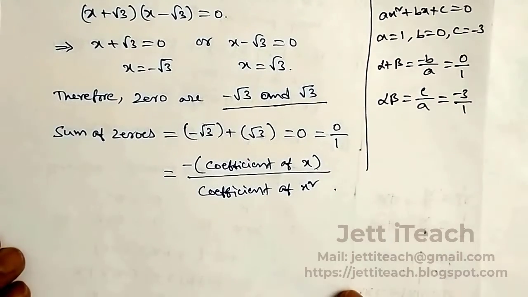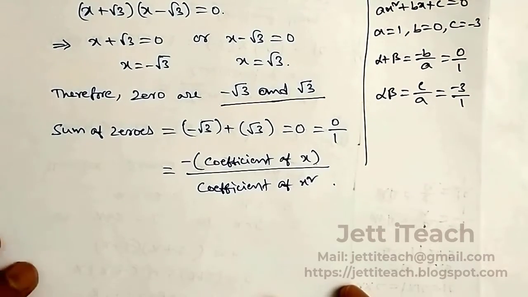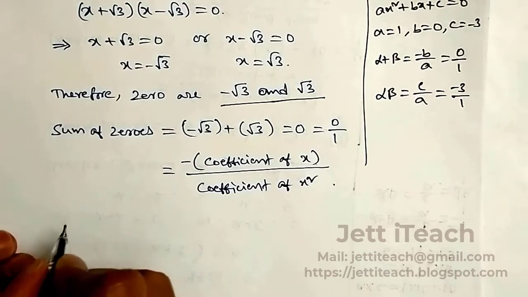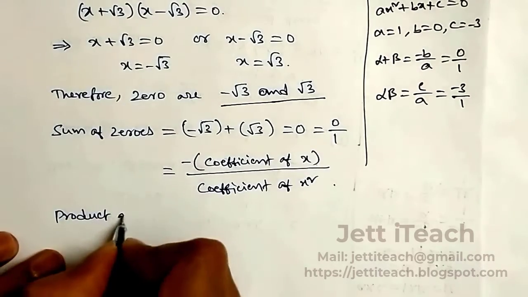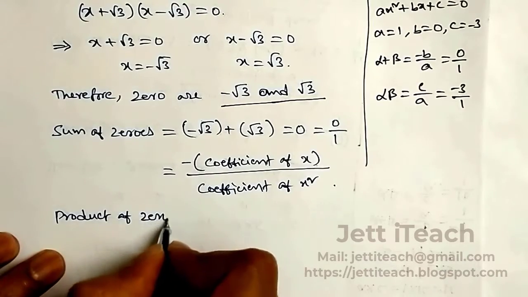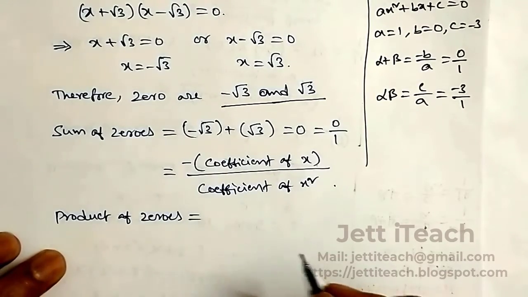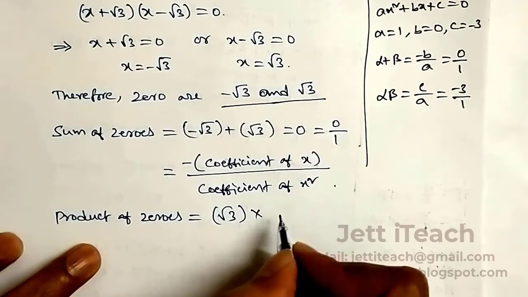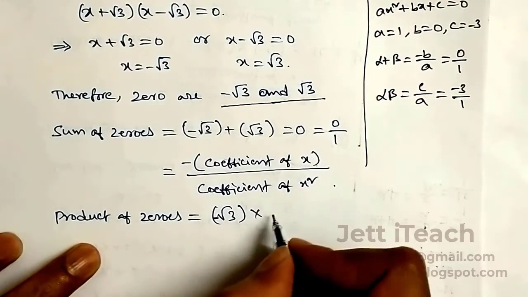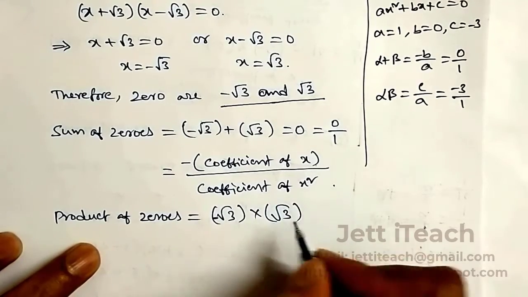So the other thing, product of zeros. Now we can find the product of zeros. Product of zeros is minus root 3 into root 3.